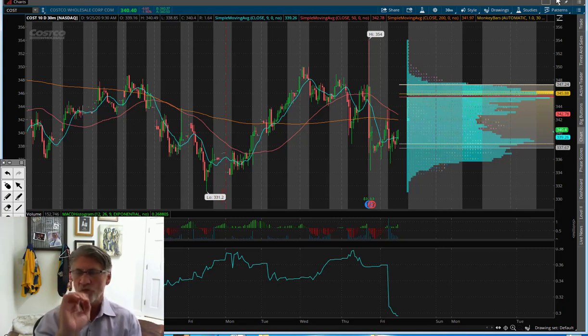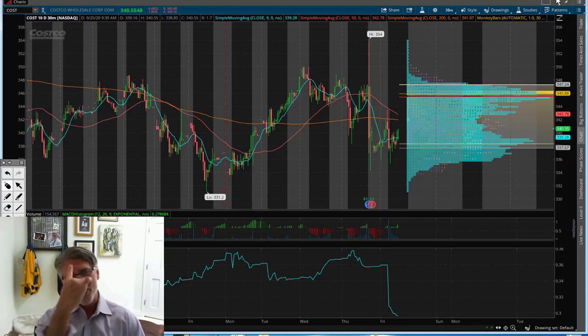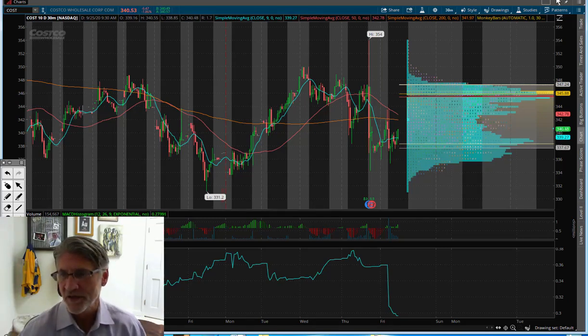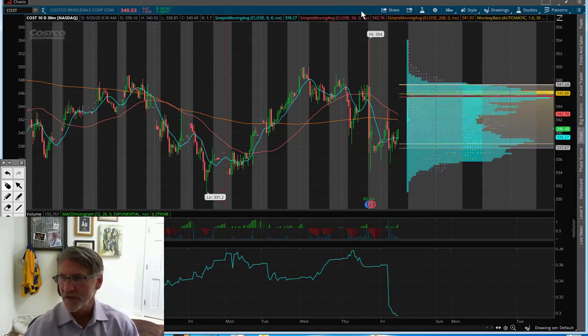So I went into the September weeklies that expired today, sold the 327.5 puts for 68 cents, bought them back for 14 cents today. Like I said, I think last I checked, I clicked back and saw that they were trading at about a nickel or something like that. So I don't care. I'm moving on with my life and going to talk about another trade real quick.